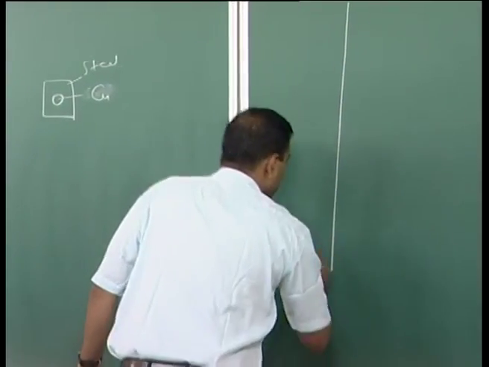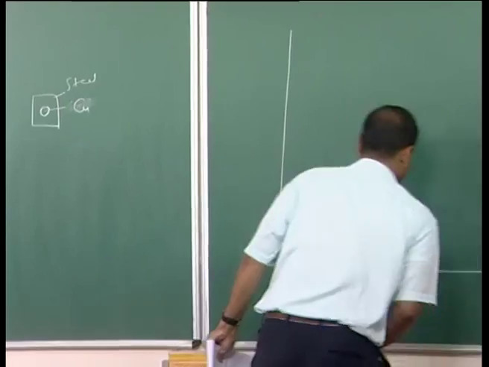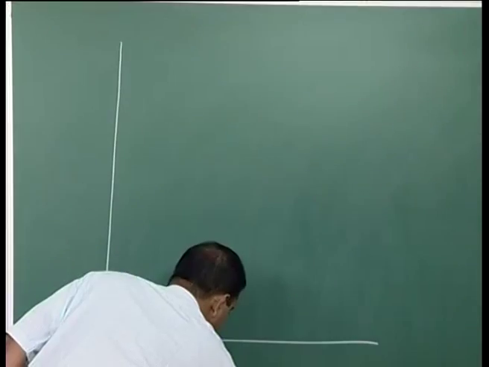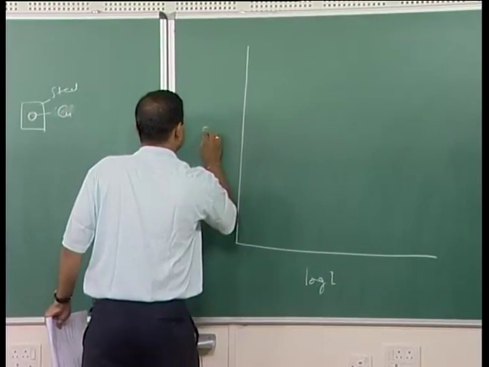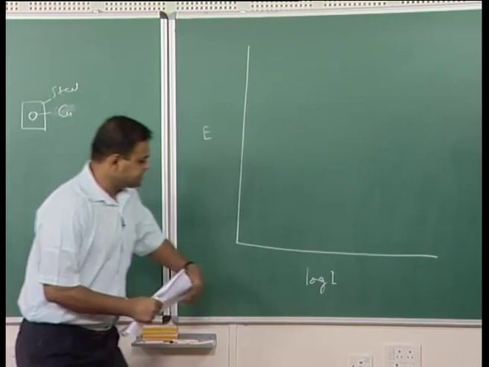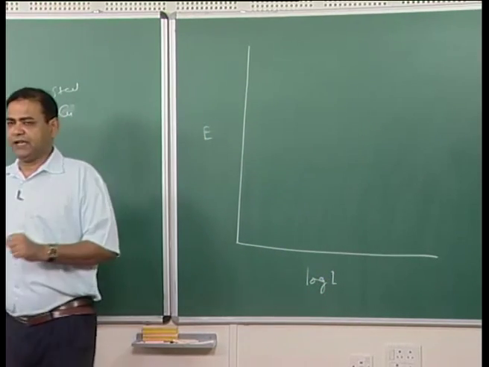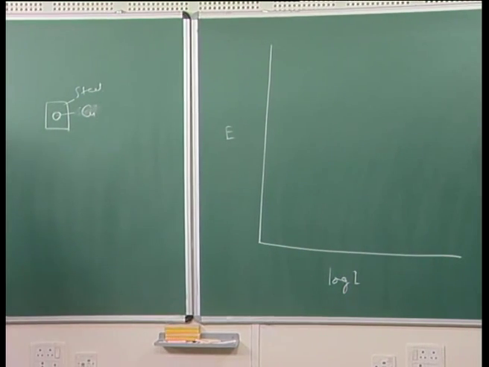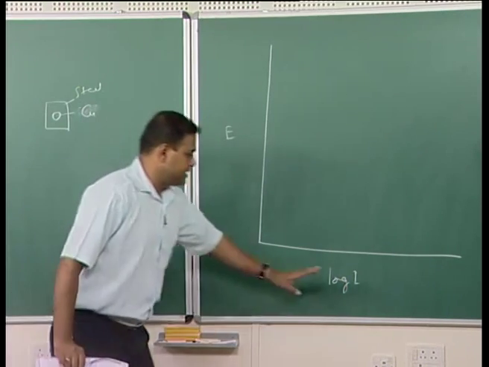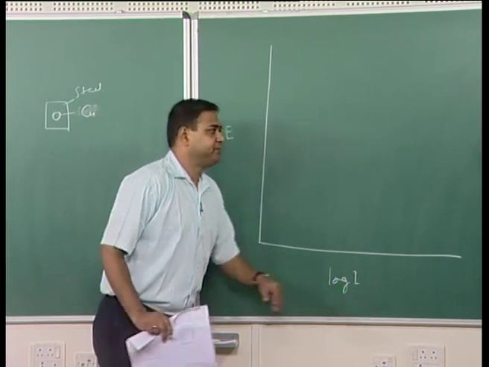So, let me again draw the same plot which is log I versus potential. Now, I have changed it to capital I, which is nothing but the current, not the current density. This is a very, very important part.